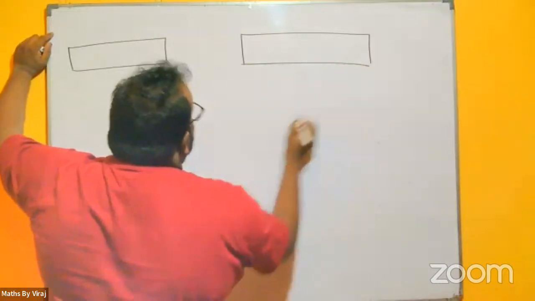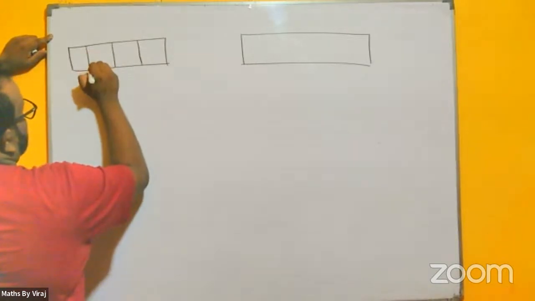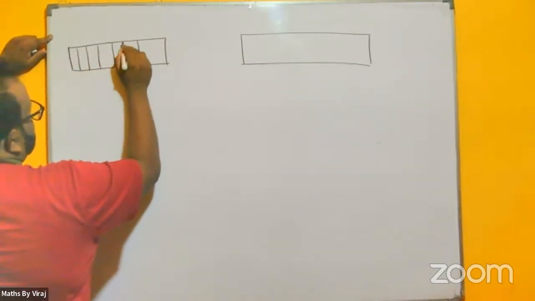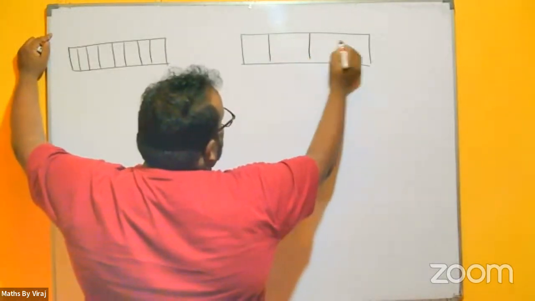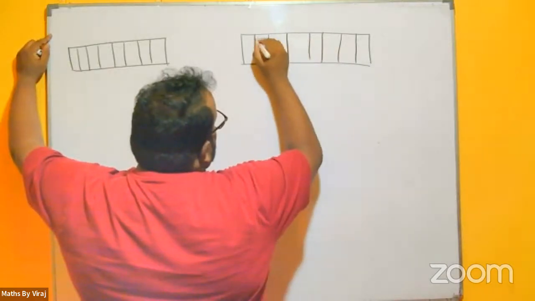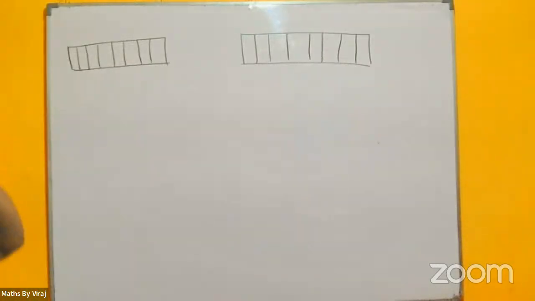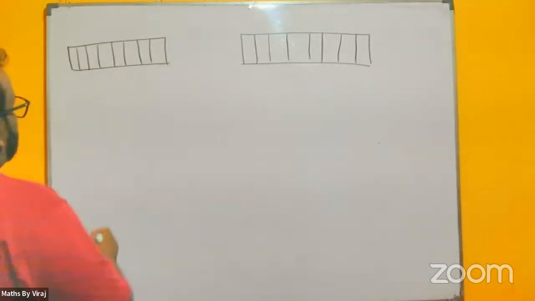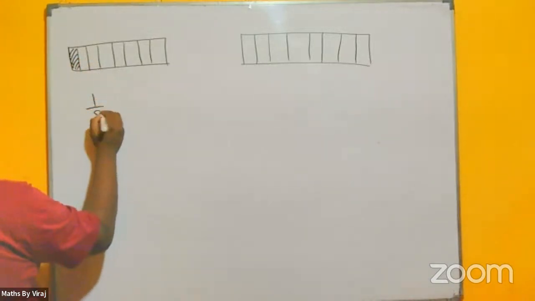I divide both of them into 8 parts. I divide both of them into how many parts, children? 8 parts. Yeah. 1, 2, 3, 4, 5, 6, 7, 8. They might not look the same, but you can write same. Now let's look at this. I am coloring 1, 8.